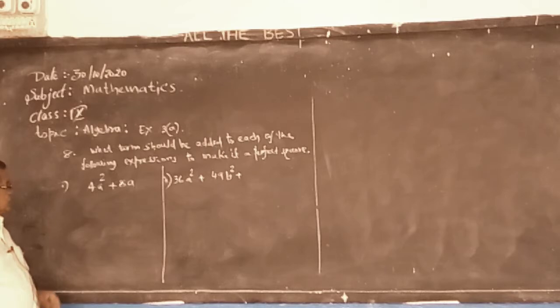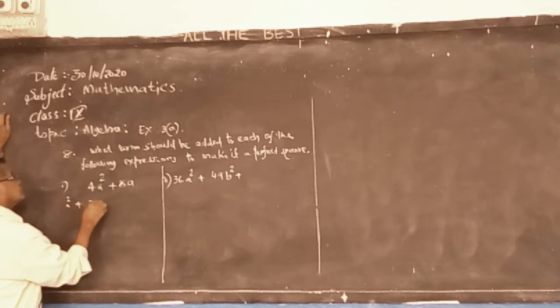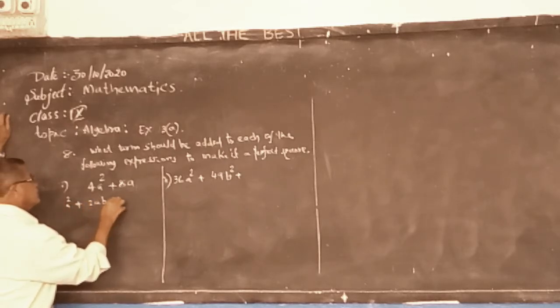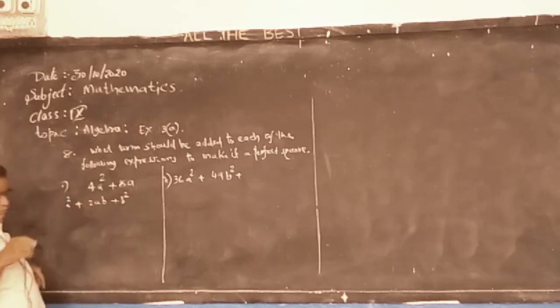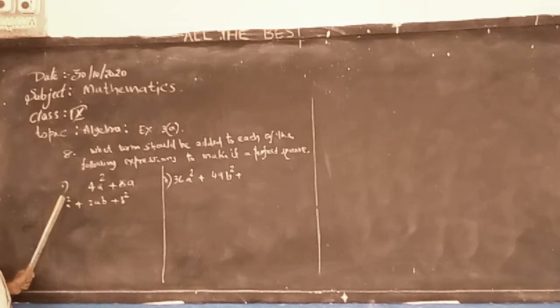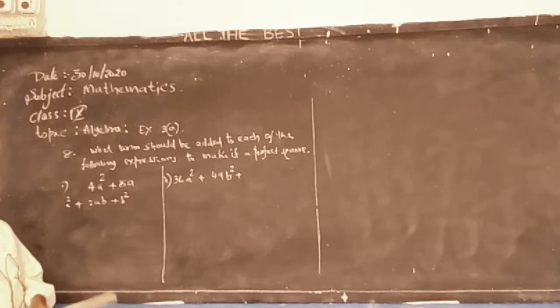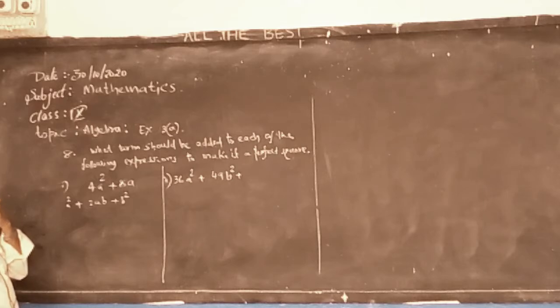A perfect square means there should be an a squared form, plus a 2ab form, plus a b squared form. Here only two are given. The a squared form is given, the 2ab form is given, and the b squared form is not given. So how to do it? Let us find the second term first.